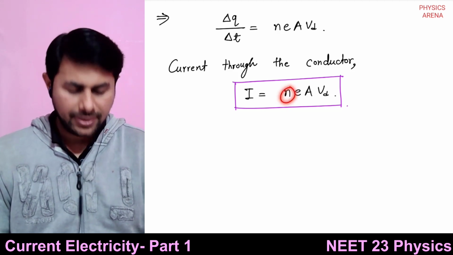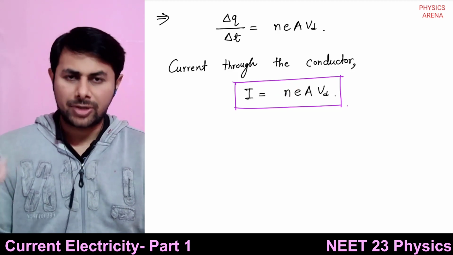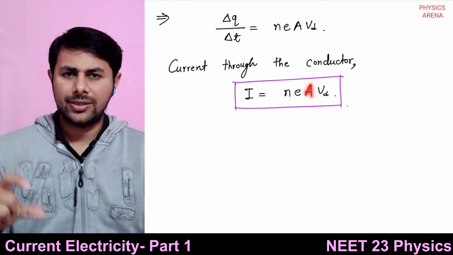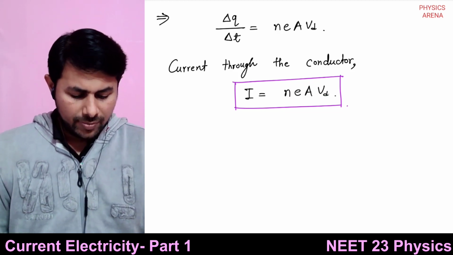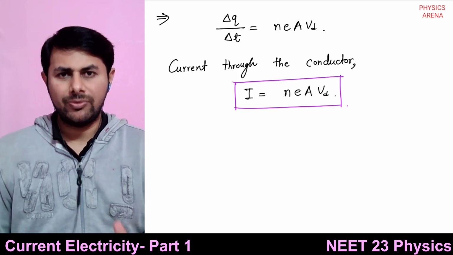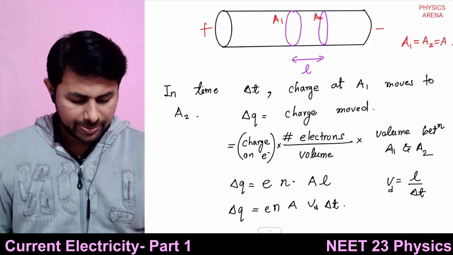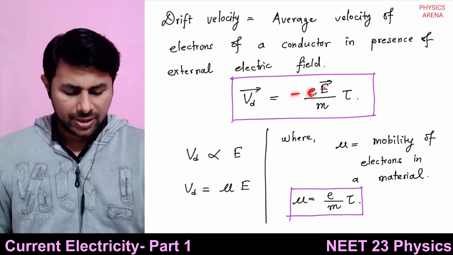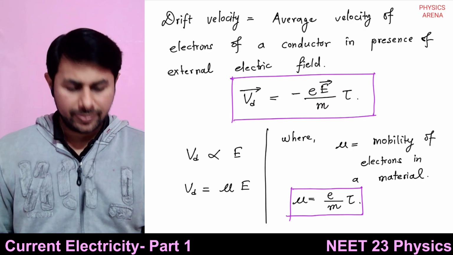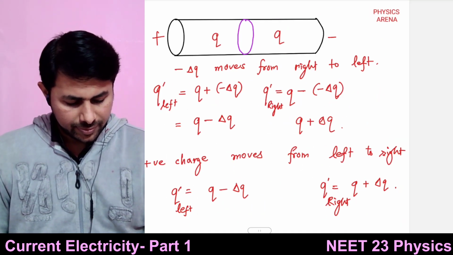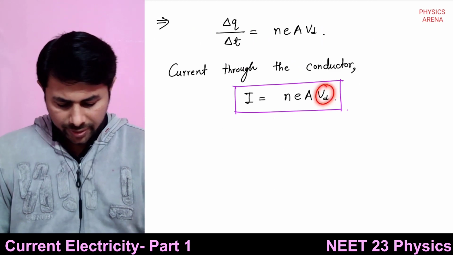It is equal to n, which is number of electrons per unit volume, multiplied by e multiplied by A, which is area of the conductor, multiplied by Vd. Okay, what is Vd? Vd is the drift velocity. What is an expression for drift velocity? It is minus of e times E upon m multiplied by tau. So I will put this over here.